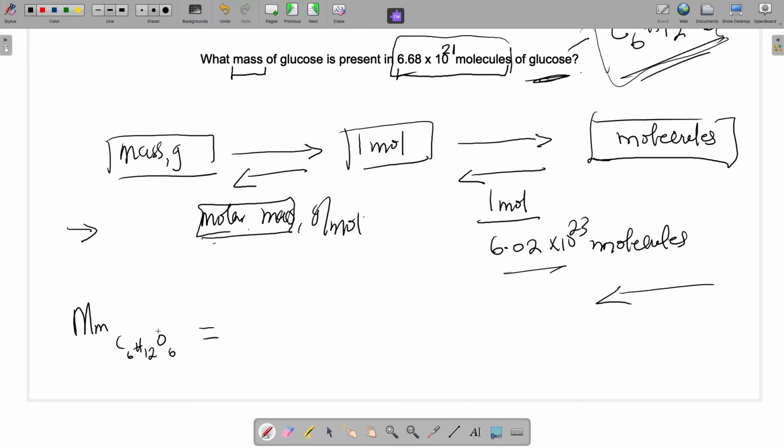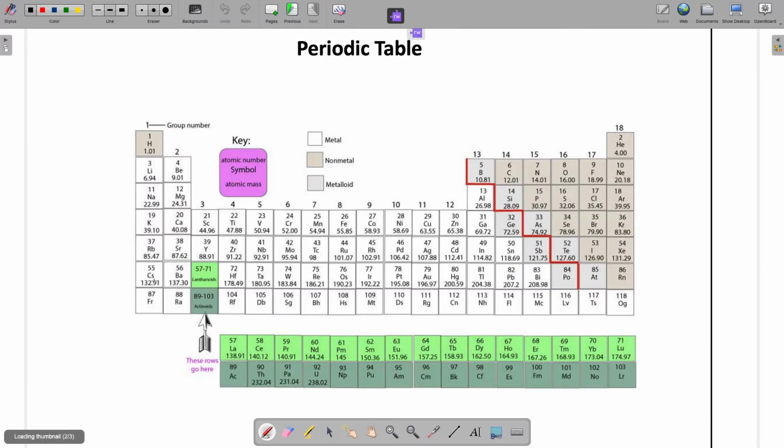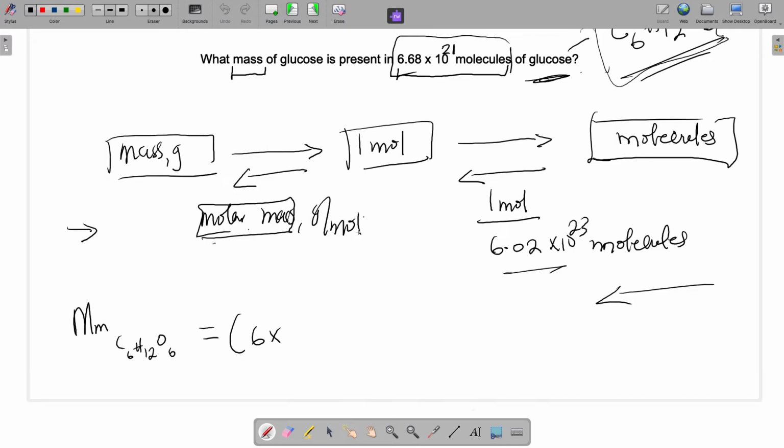So we multiply the 6 by the molar mass of carbon. When you look on the periodic table, the molar mass of carbon is 12.01. So we write 6 times 12.01 grams per mole, then close the parentheses and add plus.